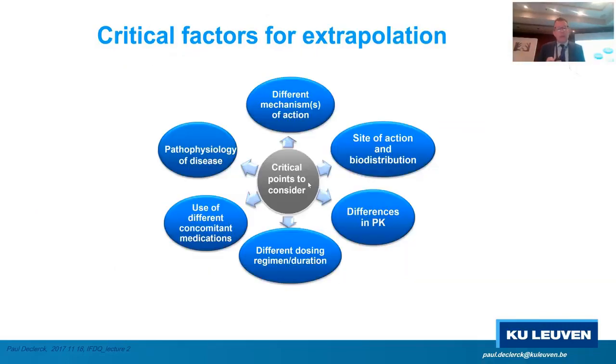And just to give you another overview, it's not only the mechanism of action as such that we need to consider, but also there may be other differences, for instance, differences in pharmacokinetics between one patient population and another that prevent us from this extrapolation. Depending on the disease state, depending on the type of cancer, there may also be different dosing schemes that prevent us from applying this extrapolation.